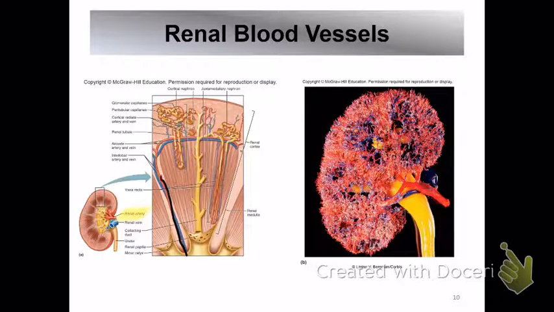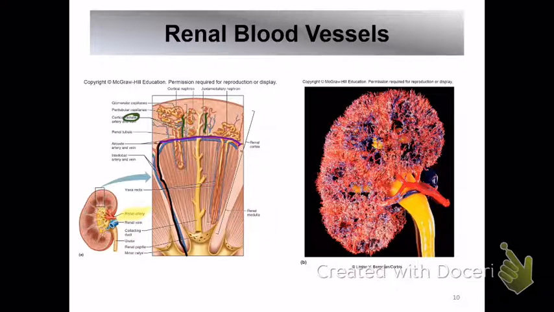Just go with the artery for now. There's the interlobar artery. Okay, arcuate is next. So this is your arcuate here. Okay, cortical radiate, they come up. I can always remember this because the word radiate, I'm thinking sunshine rays. I don't know, it helps me. Okay, so there's your radiate.